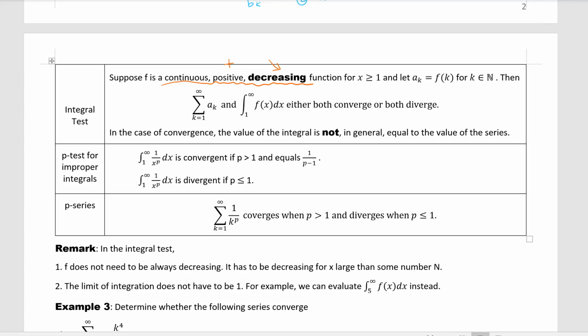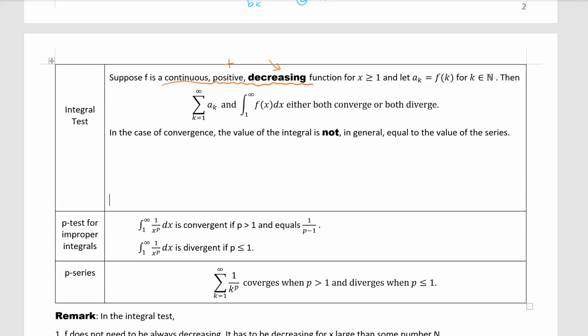Let me get more space here so I can give you some idea why this works. How do I get more space? Let me hit enter. Okay.